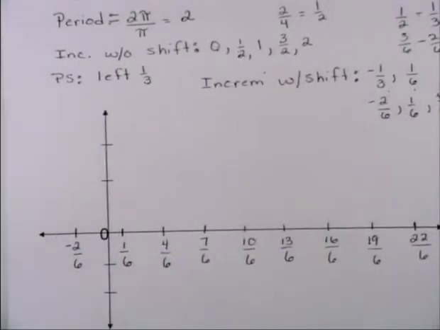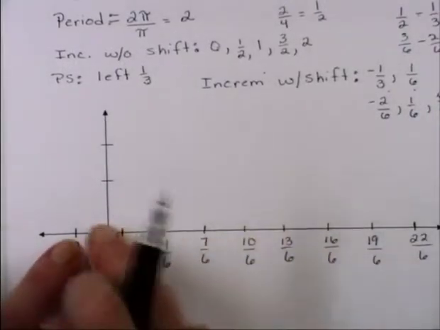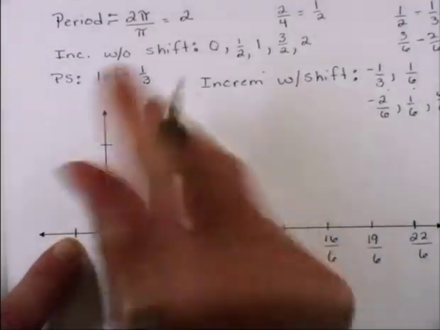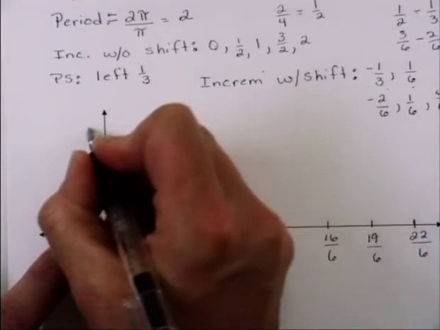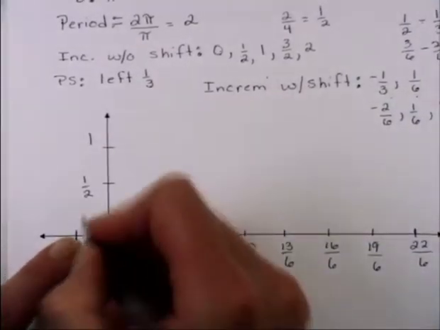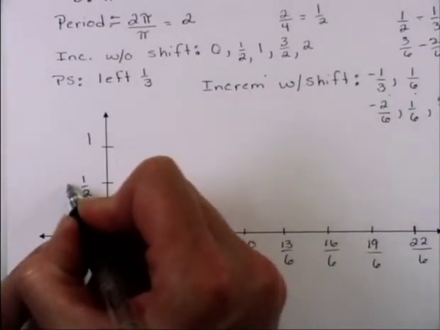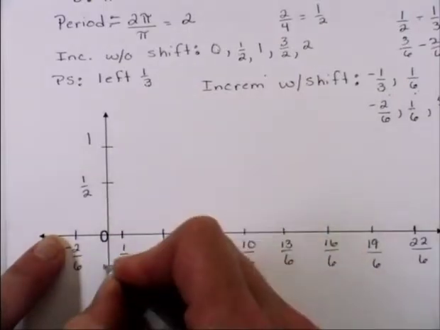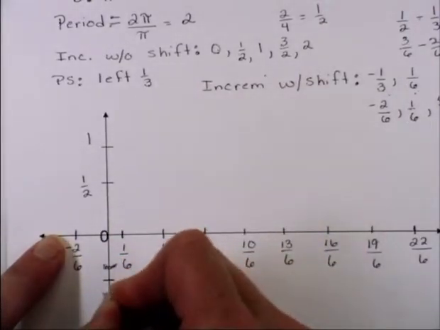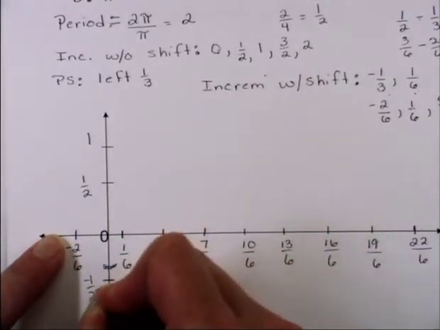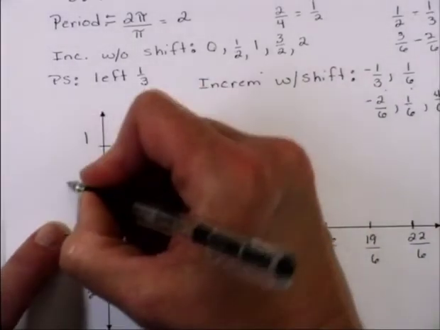So we're going to start by graphing our cosine. Let's remember that we start on cosine up at our amplitude, which is this time a half. So we're going to go up to a half and begin. It looks like I've got my marks a little funny here. Here we go. So we're going to start at a half.